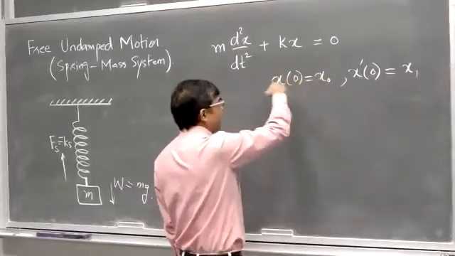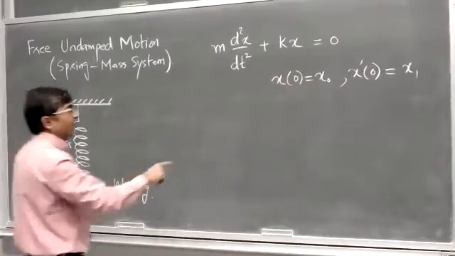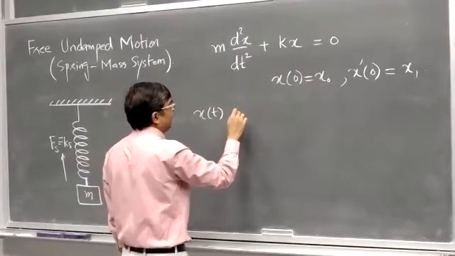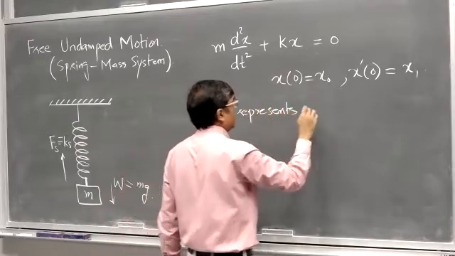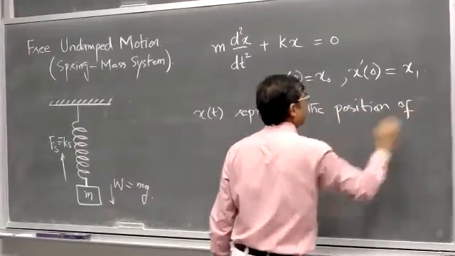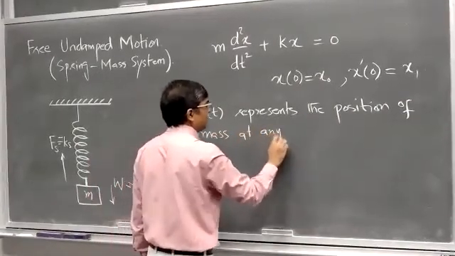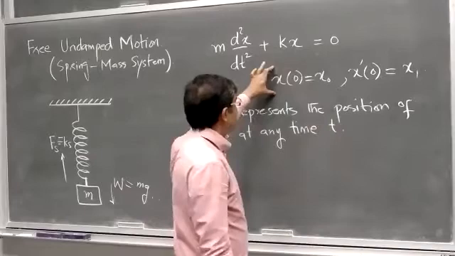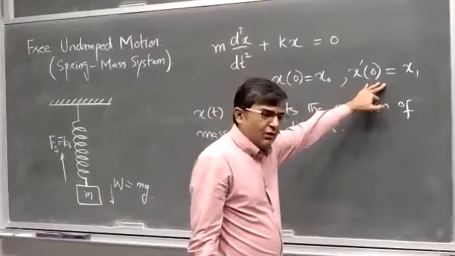So this is the initial condition on the displacement of this mass, because x of t represents the position of the mass which is moving at any time t, and this is the velocity of the mass.